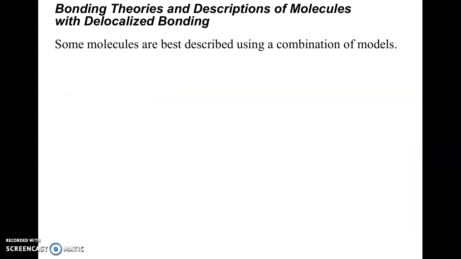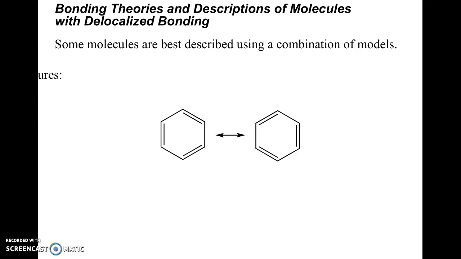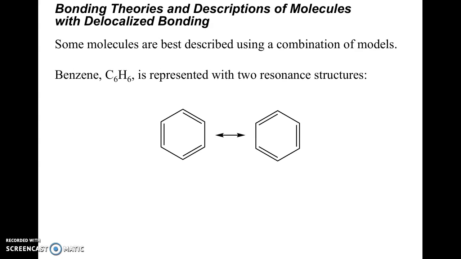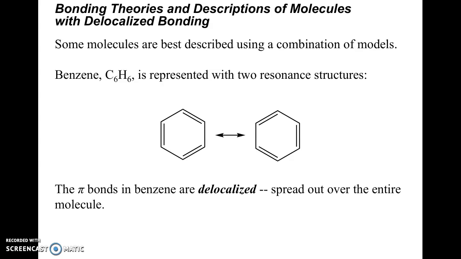Okay, so we do have to realize that some molecules are best described if you kind of combine your models, your theories. And so we're going to look at benzene, and we know from previous work that benzene has 2 resonance structures, and that's just moving the electrons around. And so there are pi bonds, because double bonds are pi bonds.